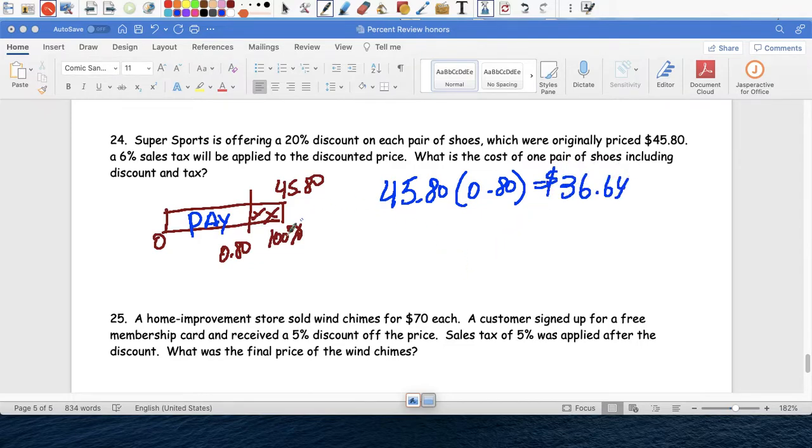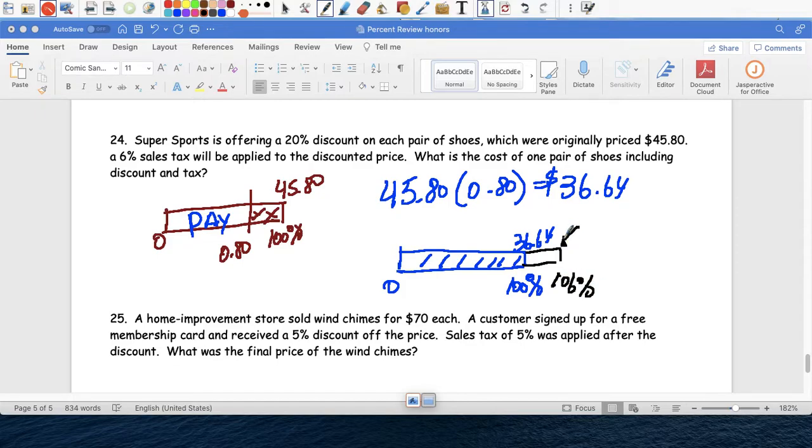Okay. Now that bar model does not apply anymore. Let's draw a new one. So 100% of the shoes now is $36.64. This is what I'm paying after the discount. But we have to pay tax, so our price is going to go up a little bit. I'm going to add 6%, so our 100% becomes 106%.